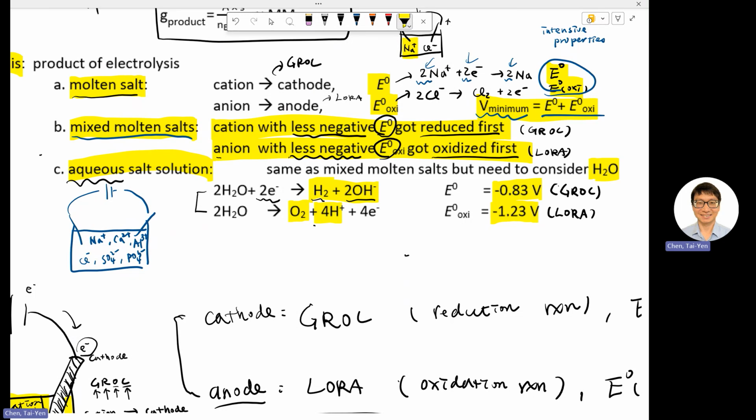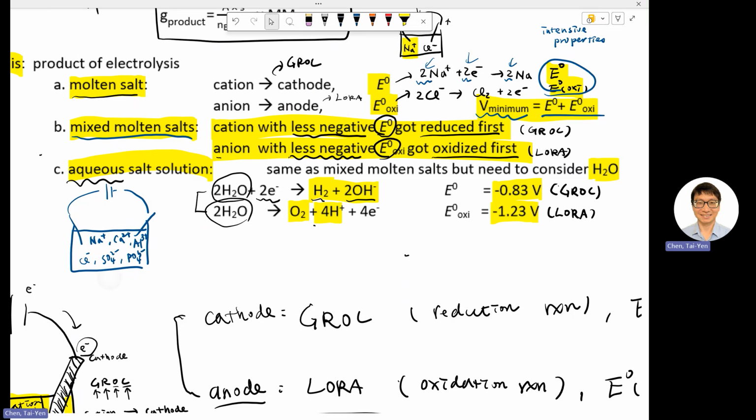Every time you see a reduction potential or oxidation potential, it always refers to the species on your reactant side. So make sure you know that minus 0.83 volt is for the species H2O undergoing a reduction reaction. Minus 1.23 will be the oxidation potential of your H2O.